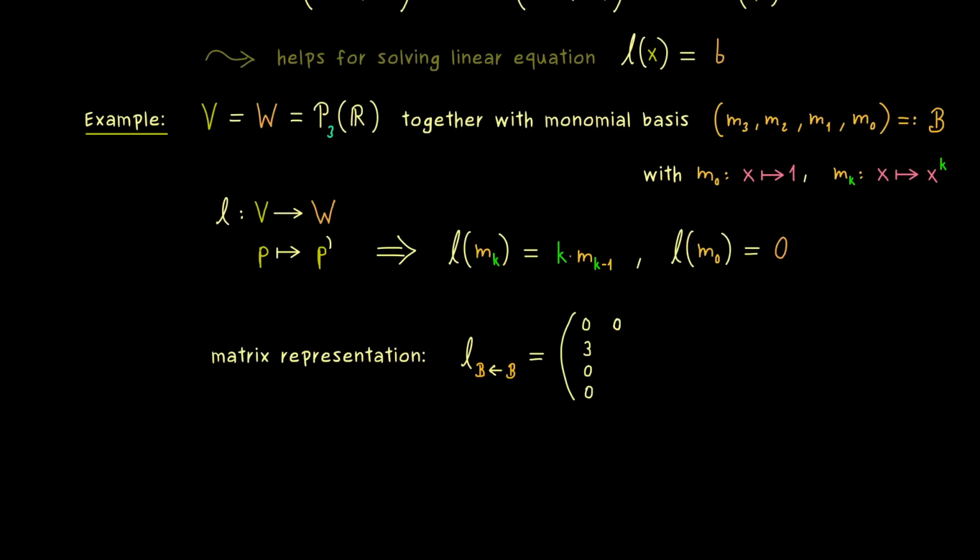And with the same reasoning with M2, we get a 2 in the third component in the second column. And then finally we can just use that the derivative of x is just the constant 1. And moreover, M0 is sent to the 0 vector, so we need a whole 0 column in the end. Okay, so there we have it. This is the matrix representation of our linear map L with respect to the basis B.